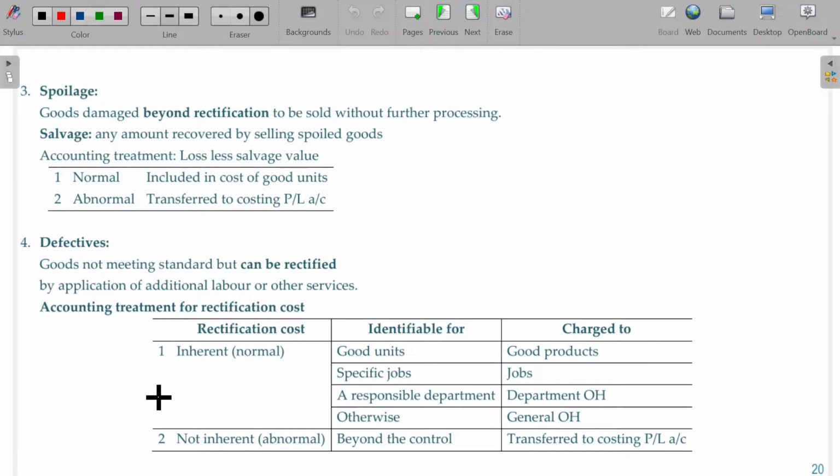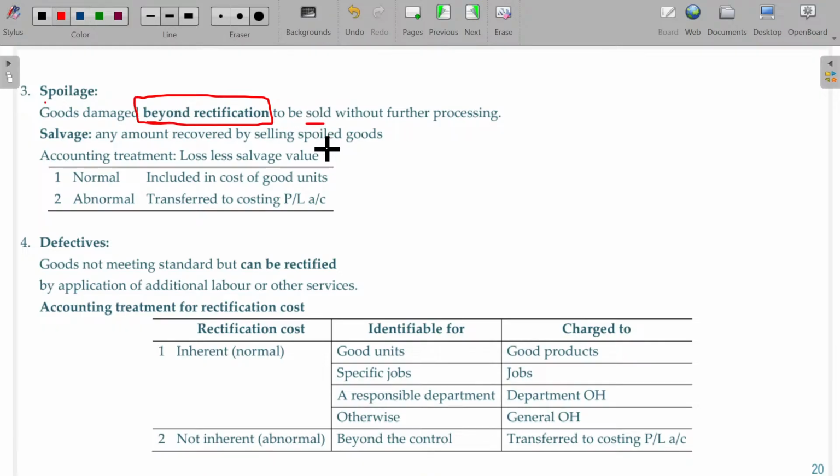That's called spoilage. Sir, I will taste that with the salt. Huh? If it is salt tea, whatever amount I can recover, I can recover. Usually nothing. You have to throw it off. If you have any possibility of recovery, then you can recover. That's called spoilage. Hope you will now be able to understand the difference between spoilage and defective. Spoilage: goods damaged beyond rectification.